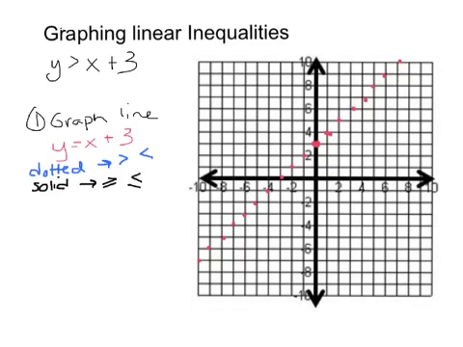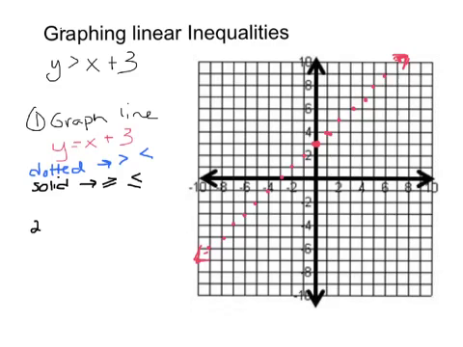So this goes back to how we graphed simple inequalities when it was just less than, with just one variable, with the open circle versus closed circle. So the solid line is like the closed circle, where the dotted line is like the open circle. It still leaves space. So in this case, I'm going to leave this as being dotted, and I'm just going to put the arrows on the end.